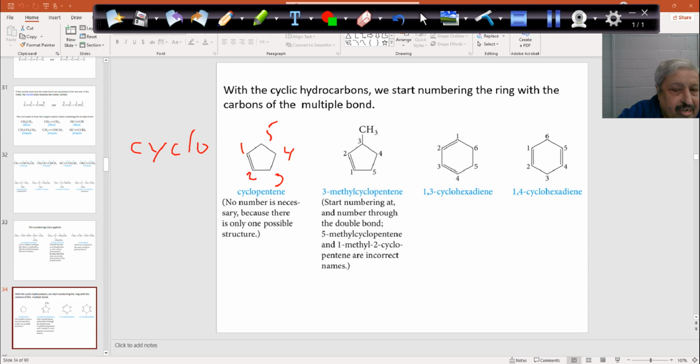Okay, guys? Can I number it like this? Here's the double bond. 1, 2, 3, 4, 5. Can I do that? Which one is correct? This or this? This is the correct one. Always, I start with the double bond with 1.